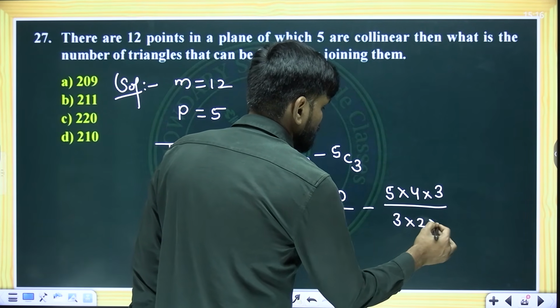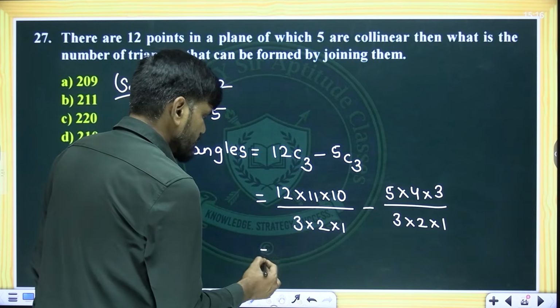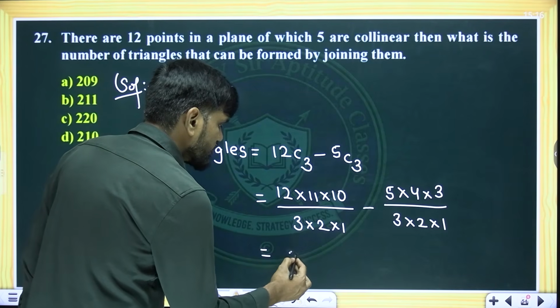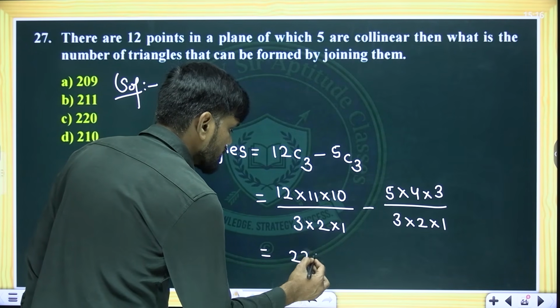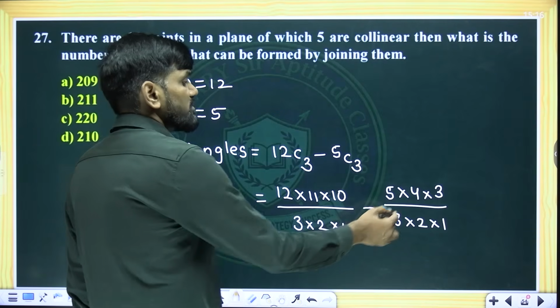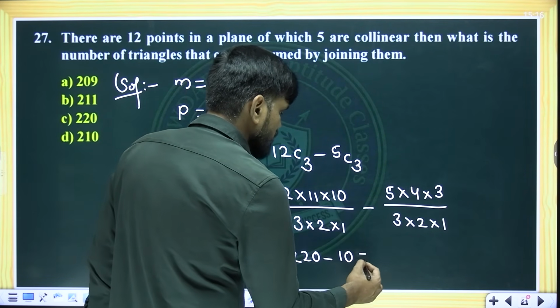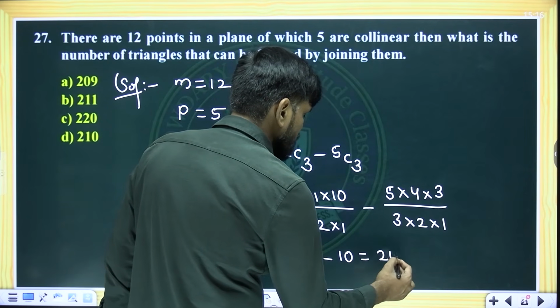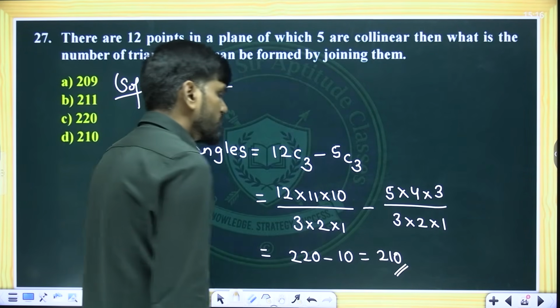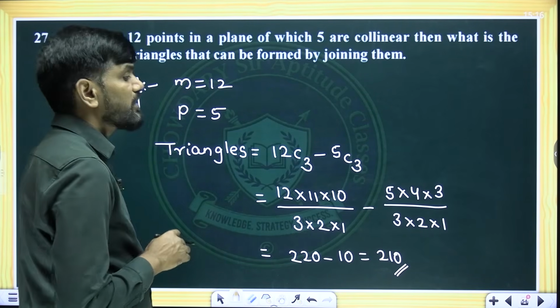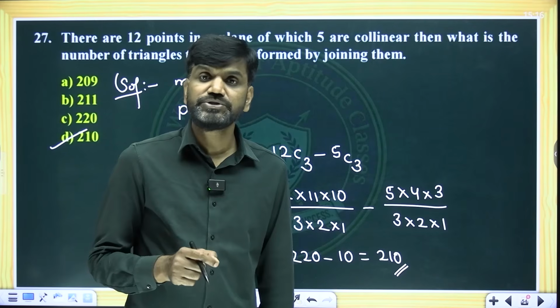On simplification, 3 2s are 6, 6 2s are 12, 11 2s are 22, 22 10s are 220, minus 3 cancels with 2 2, 5 2s it will be 10. 220 minus 10 will give you how much, dear? 210. Hence your answer has to be 210 and that should be option D.